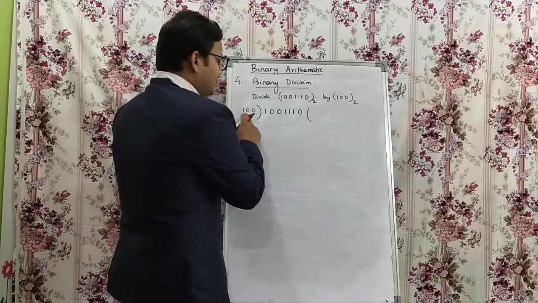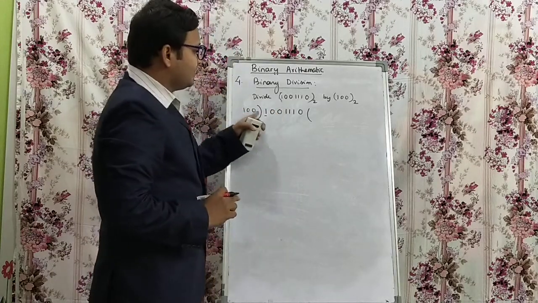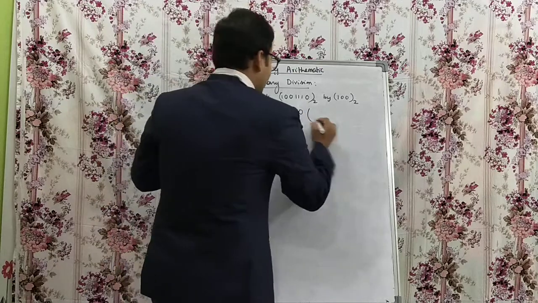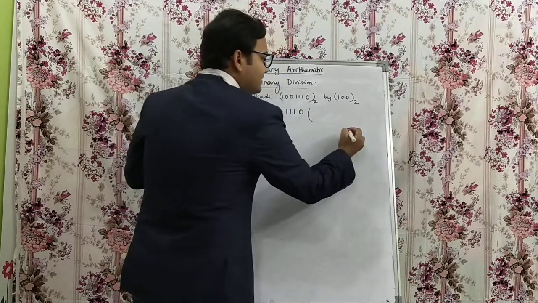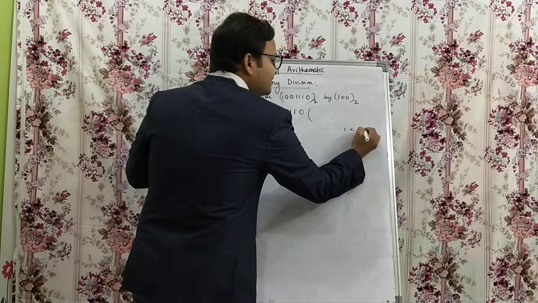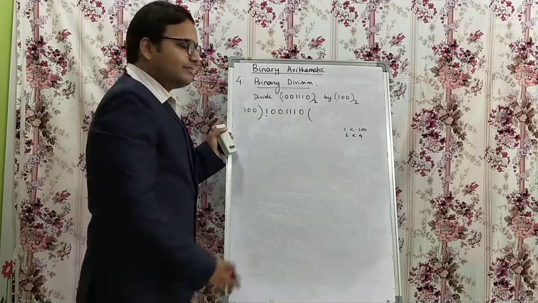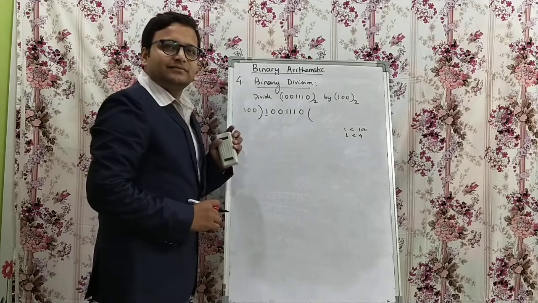So first we have to check one, we have to take one value, whether we can divide it. If you take 1, this is binary, decimal 1, which is less than 1 0 0, this is 1 less than 4, we cannot perform the division.